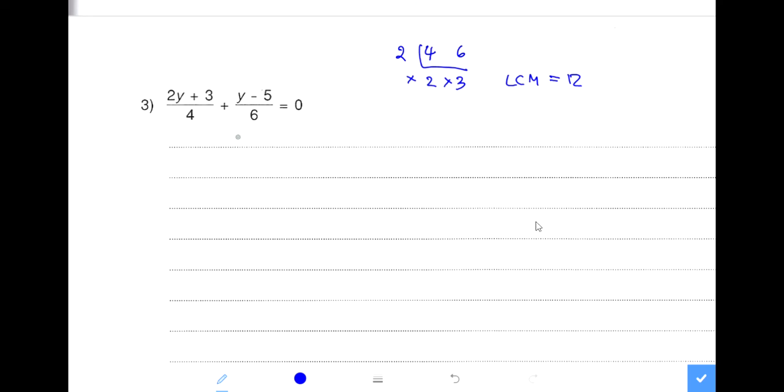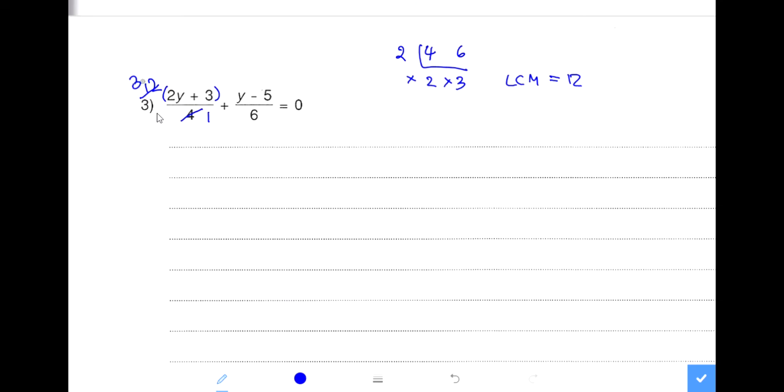So the LCM is 12. You have to multiply by the LCM in order to get integers. Let's multiply 12 to this one. If I have a 12 there, I have a 12 there, right? Multiplying with 12, 12 divided by 4 gives you a 3.